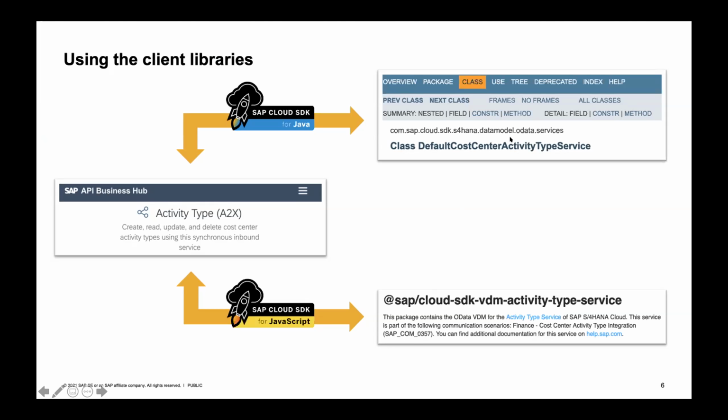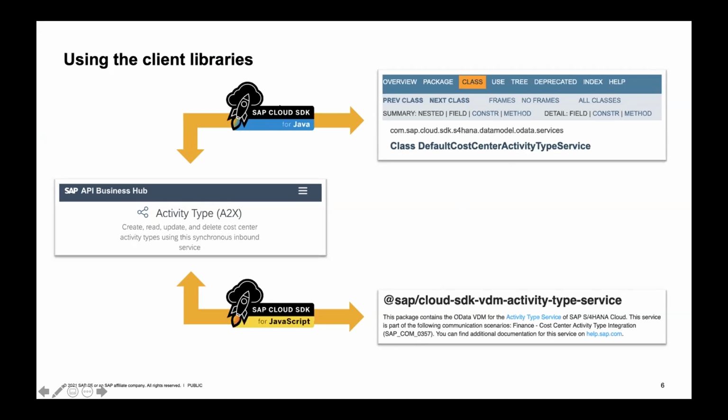Because obviously developers like to code with classes, or they need to code with classes, because this is how coding works. And for that, the Cloud SDK for Java and JavaScript offers the client libraries.